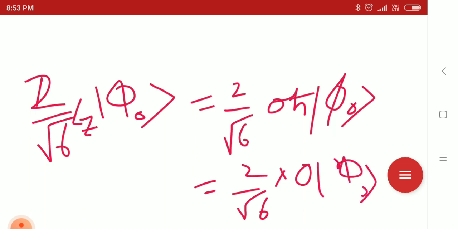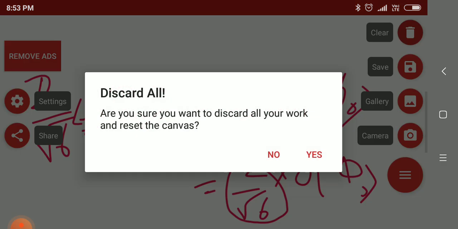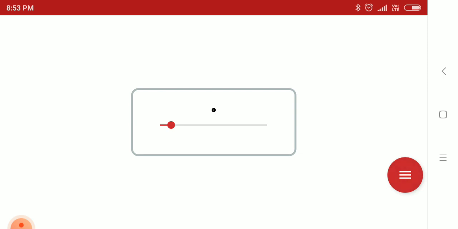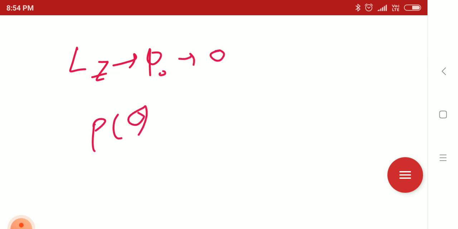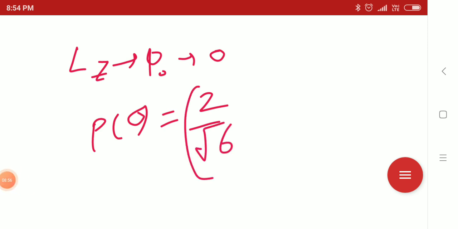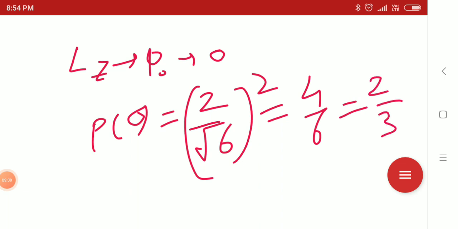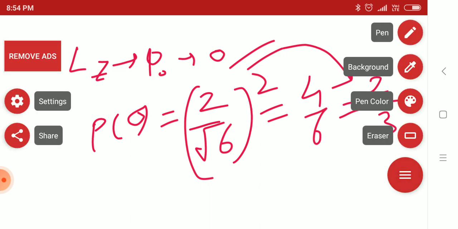That means the coefficient is 2 by root 6, so the probability of getting 0 is 2 by root 6 whole square. That means 4 by 6, that means 2 by 3. One possible outcome and corresponding probability is 0 and 2 by 3.